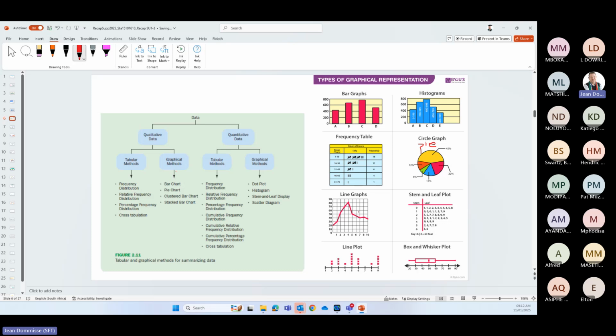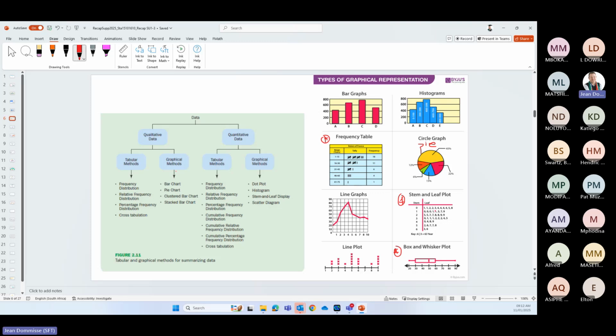Line graphs, not really. Stem and leaf again. So the ones that are always in a question set are the frequency table, stem and leaf, or the box and whisker. Again, all these things might be in it depending on which ones they like to ask.